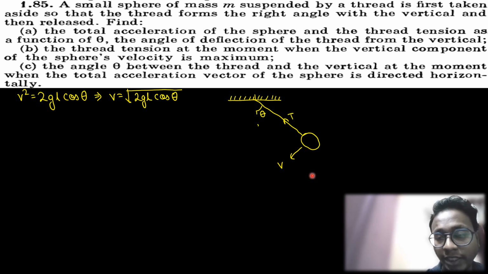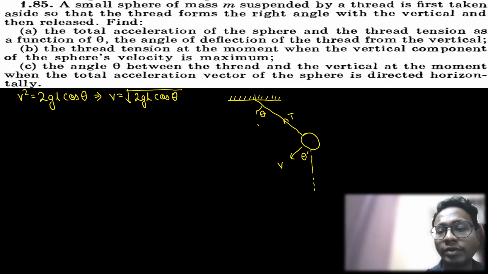If this angle is theta, and I draw a straight line here, this angle is also theta. This straight line and the velocity line make a 90-degree angle, so if this is theta, this is theta dash.